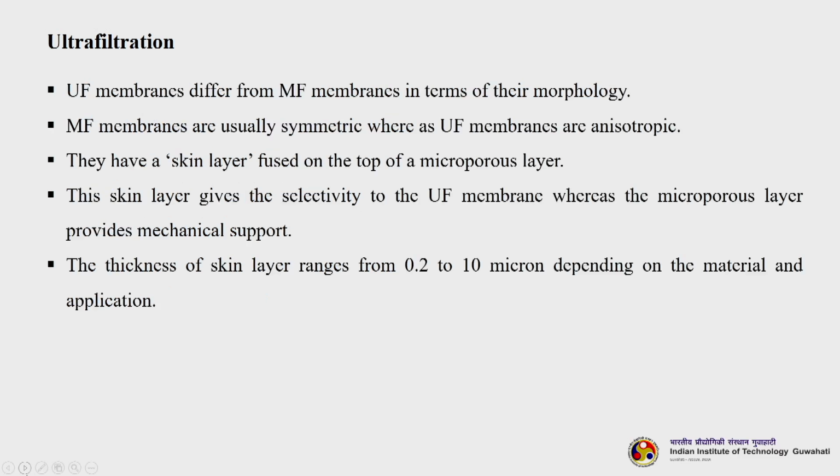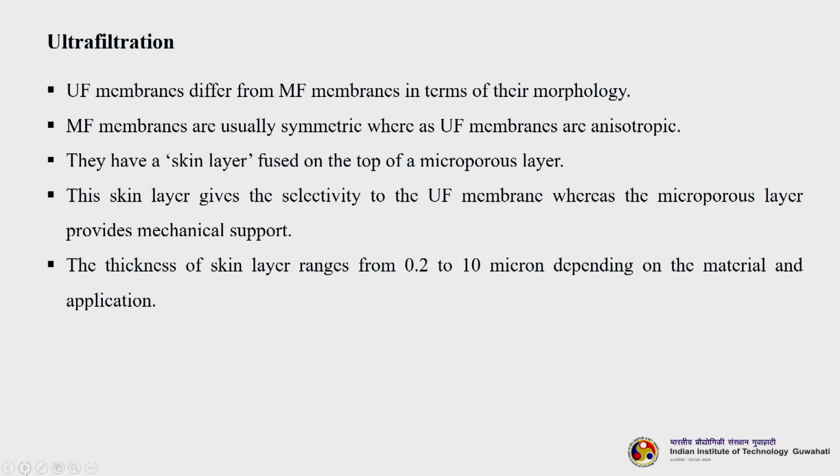So, UF membranes usually differ from microfiltration membranes in terms of their morphology. Microfiltration membranes are symmetric membranes, where pore shape and size may be different. However, ultrafiltration membranes are asymmetric. As I drew and showed you, there is a skin layer. Microfiltration membranes do not have a skin layer. Ultrafiltration membranes do possess a skin layer, but it is a porous skin layer.